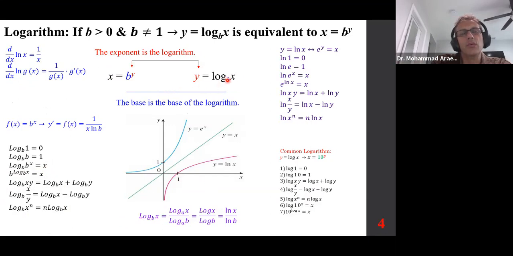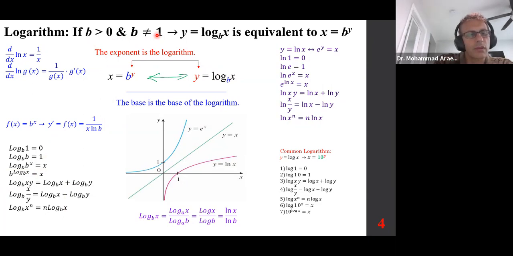When we see the log, we should recognize the base, we should recognize the exponent. Okay. And if we can go from one format to the next, we would have absolutely no problem. Now, the restriction is the base cannot be 1 and must be positive. Okay. Now, just to refresh your memory about the concept, log is simply an exponent.